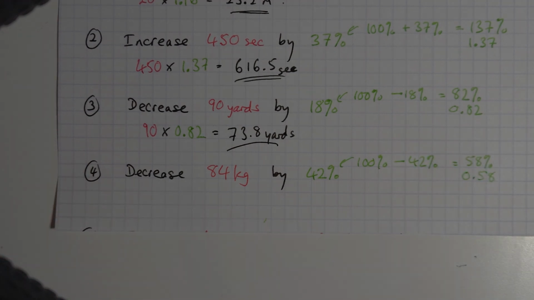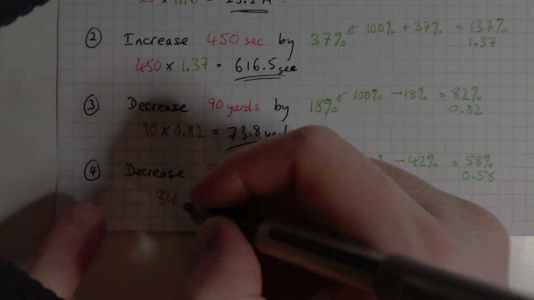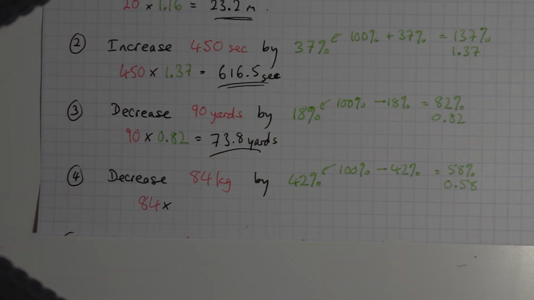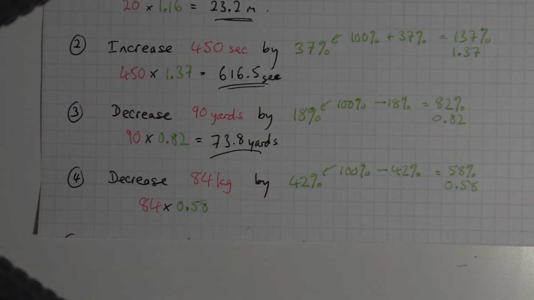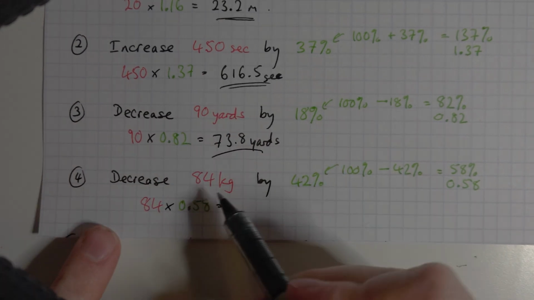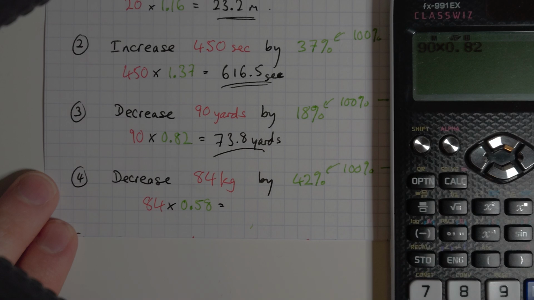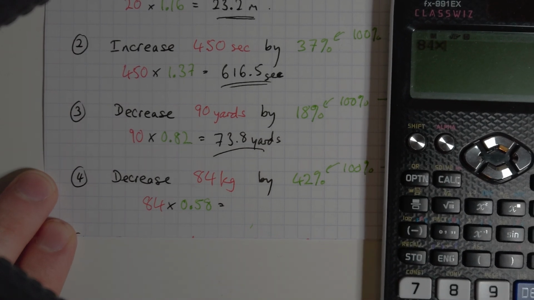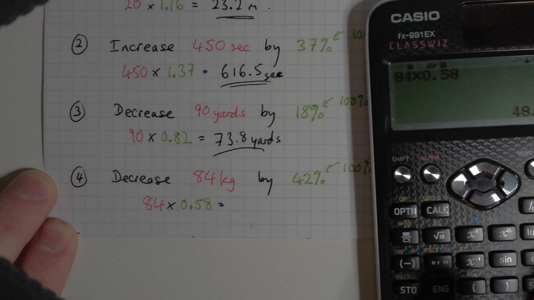So I need to do 84 multiplied by 0.58. Again, I haven't written kilograms here, but I will write kilograms in my final answer. Important to give units. So 84 times 0.58, press SD, is 48.72.